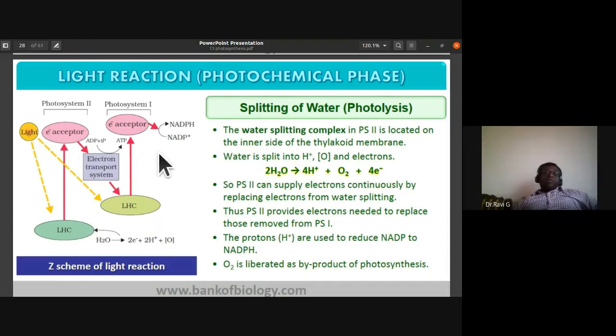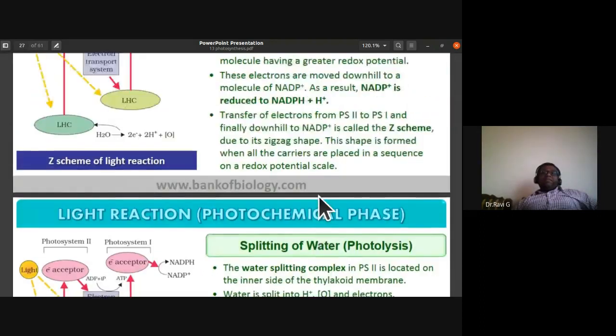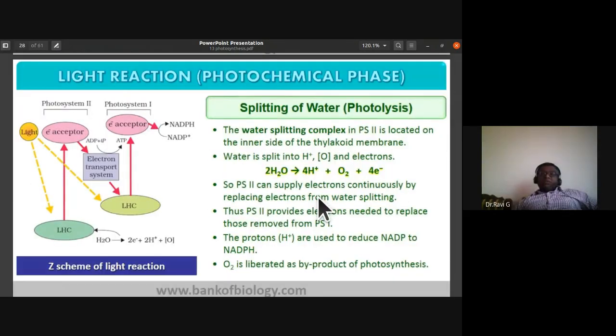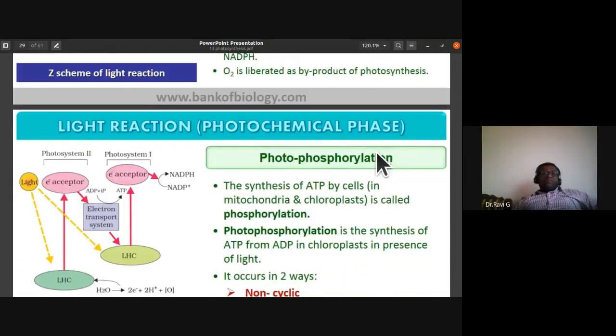The protons are used to reduce NADP to NADPH. Oxygen is liberated as a byproduct of photosynthesis. So this is what is taking place in the electron transport.